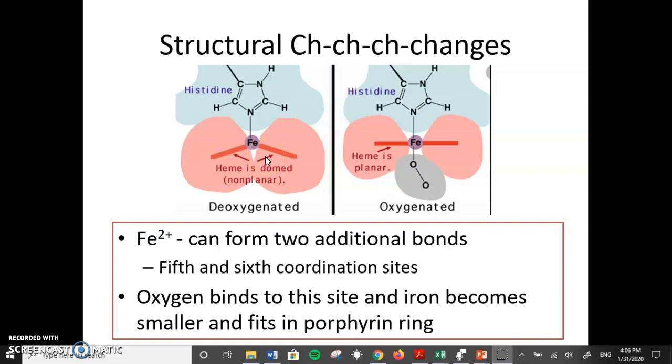But when the iron becomes oxygenated, it becomes planar and flattens. And this is due to a small exchange of electrons between the iron and the oxygen that effectively makes the iron smaller than it was before. So now it fits into the porphyrin ring.